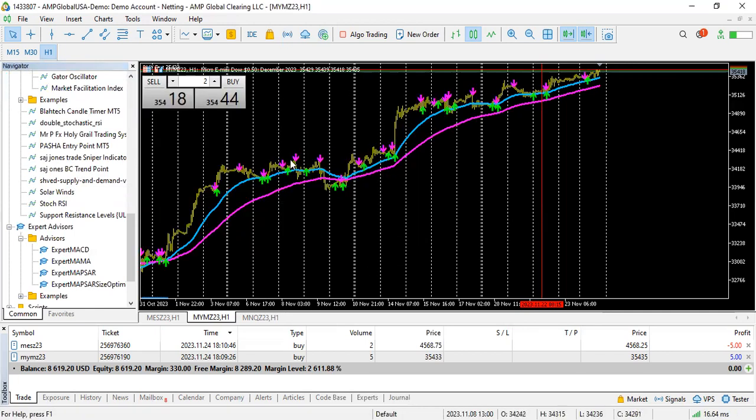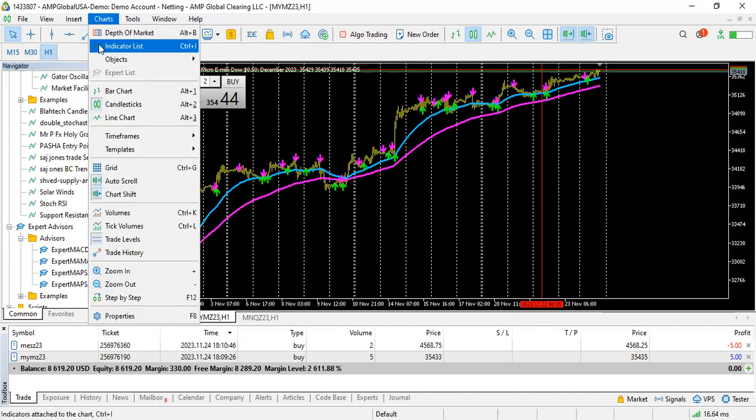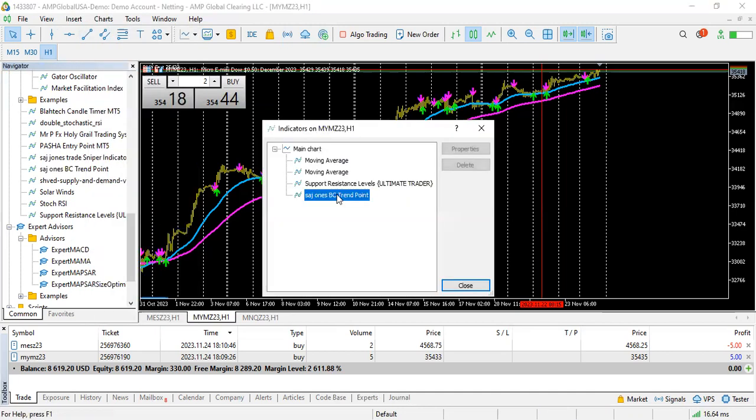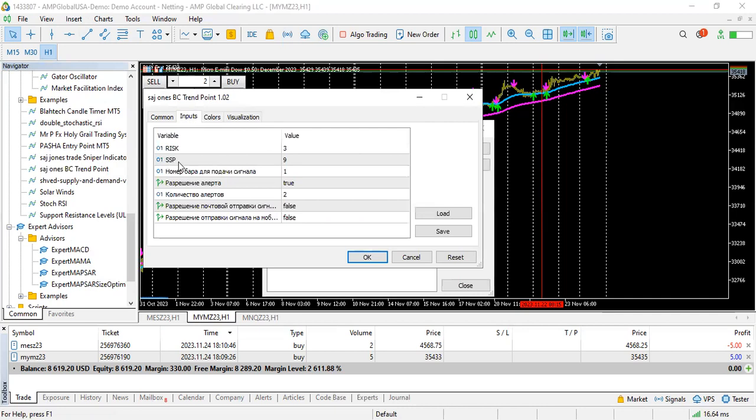With the Sage Jones BC trend point, we have to make an adjustment. Right here is the speed of the signals that you're going to get. So right here, you're going to double click and type in 27.